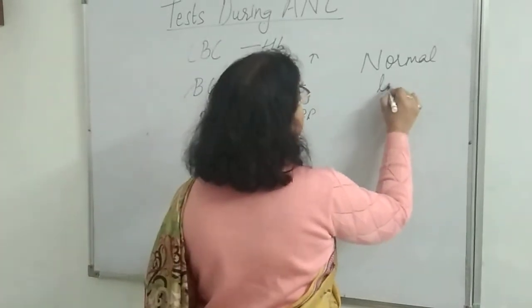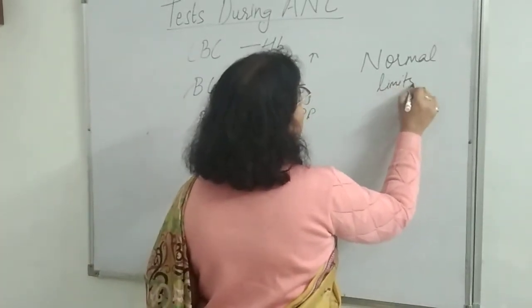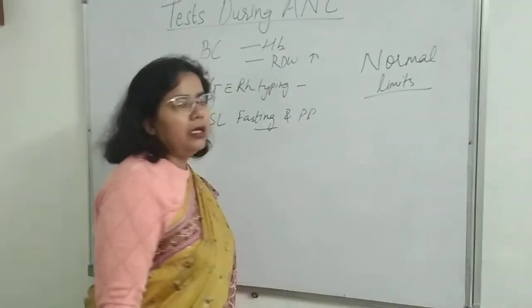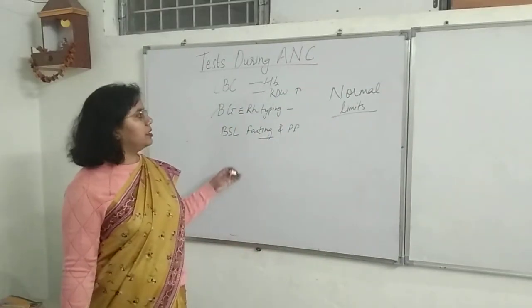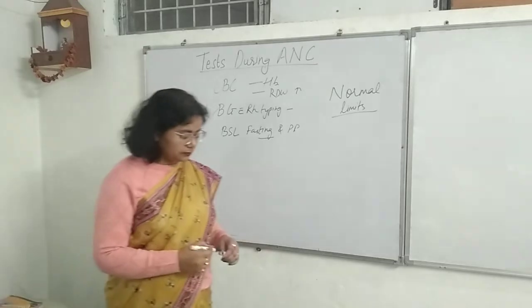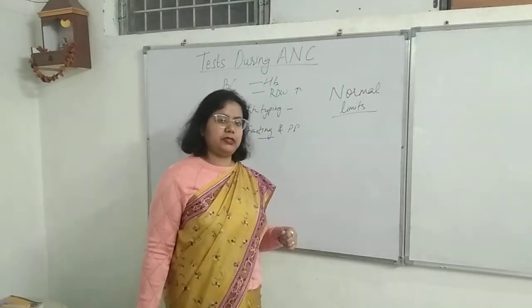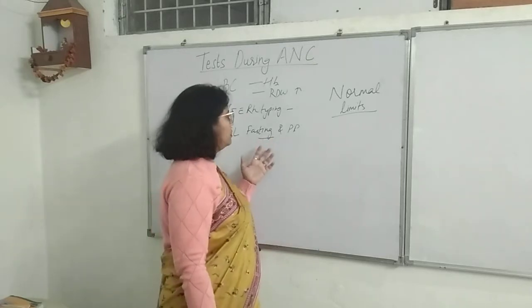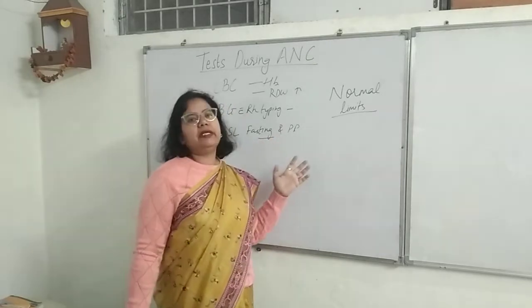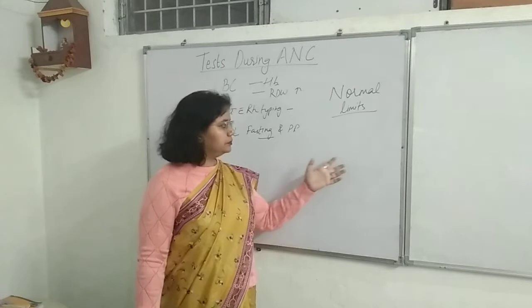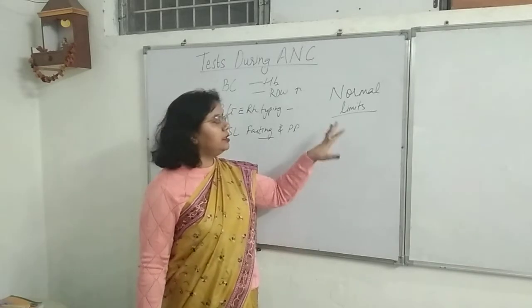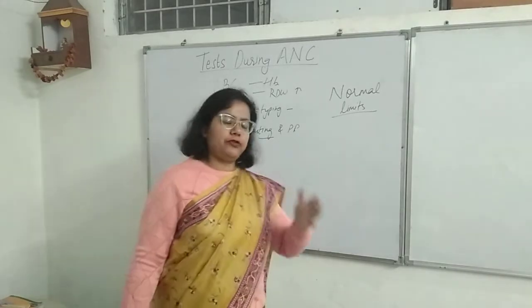I will be covering the normal limits in pregnancy in their respective chapters, when I will be dealing with the medical complications of pregnancy like anemia, like diabetes, like kidney function. All the limits are usually different.